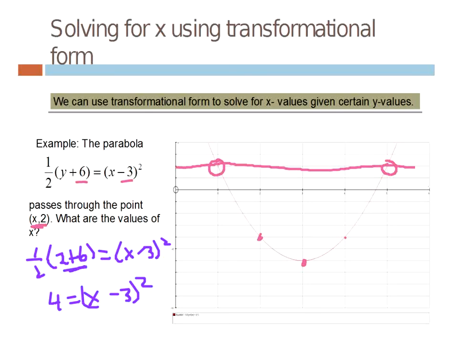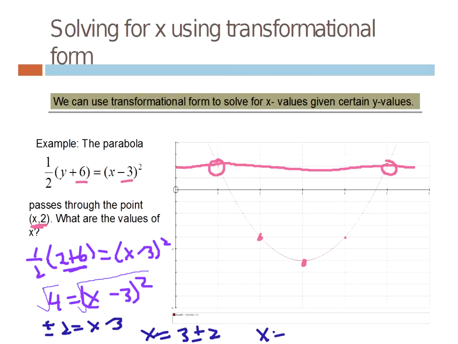And remember that the square root of a number is always plus or minus. So here I have plus or minus 2 equals x minus 3. And if I add 3 to both sides, I get x equals 3 plus or minus 2.